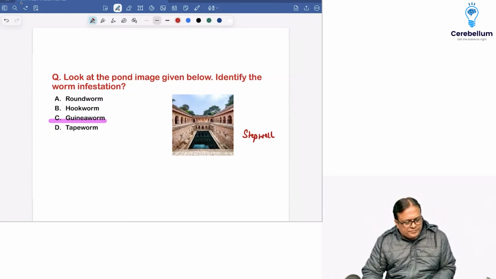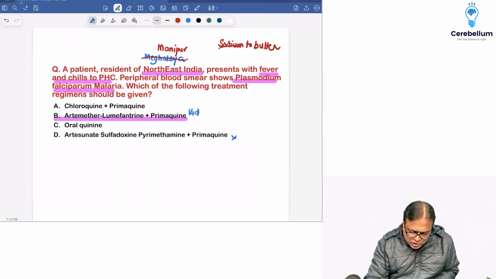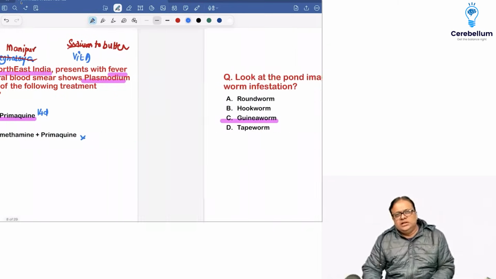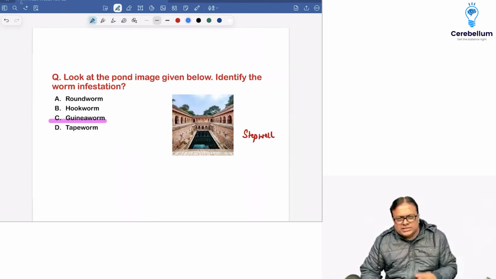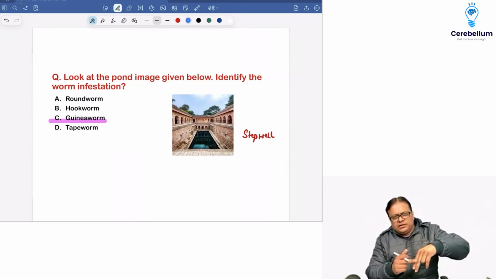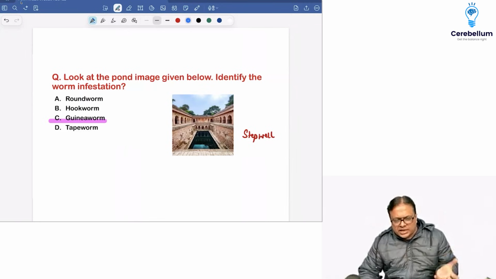Guinea worm. Vitamin A in butter is food fortification, Dr. Priya. If you are saying it was not sodium but vitamin A, that is food fortification. Vitamin A and D is added to dalda oil also, butter also, that is fortification of food. This is guinea worm. People walk, then it can enter the cyclops body.